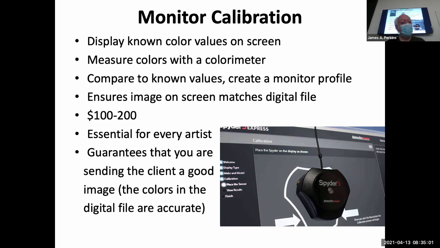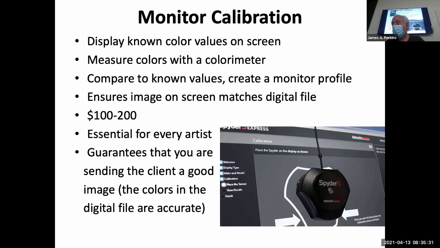You use a colorimeter to measure the color values that are displayed on your screen. So the software that comes with the colorimeter will display a series of colors on screen. The colorimeter device measures those colors and compares them and says, okay, this is supposed to be 255 red, 0 green, 0 blue. Your colorimeter is measuring that and says, is it really that color? And once again, it creates a thing called a profile.